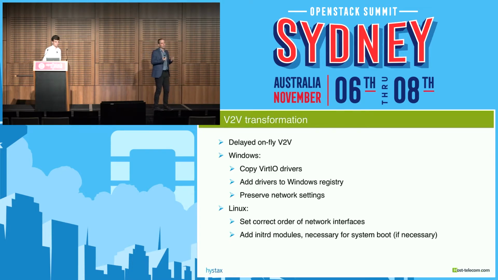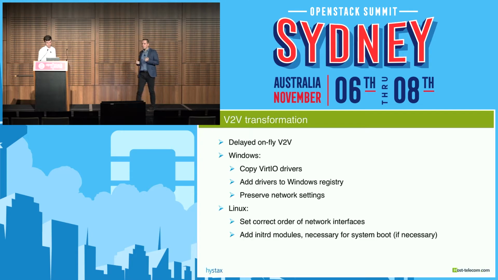If you have more than one network adapter, the order in which KVM and ESX apply them is different. So to preserve network settings, we have to do some reconfiguration and inject network adapters into the same virtual slots. This is what we did here.